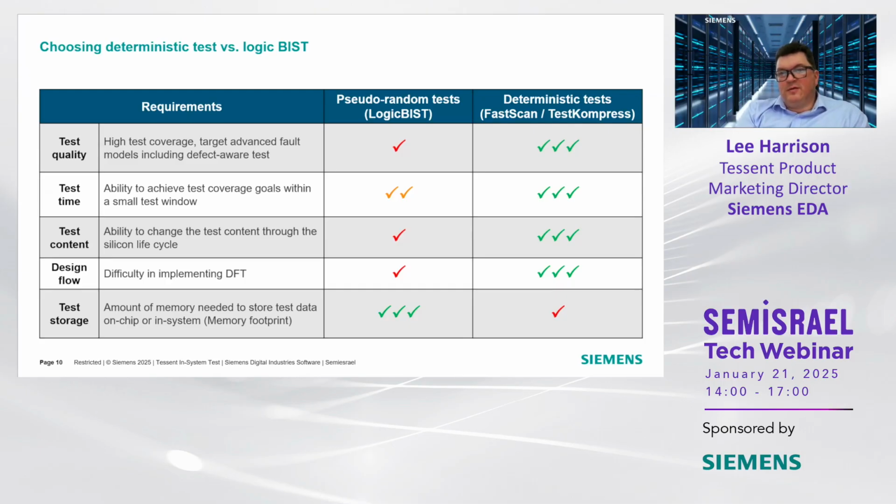We do see a lot that the type of systems that our customers are designing today typically have large amounts of memory on board. So doing that tends to not be too much of a challenge, but just be aware that in terms of using deterministic in-system test, there will need to be the data content stored.